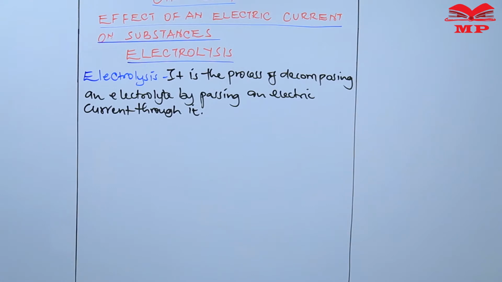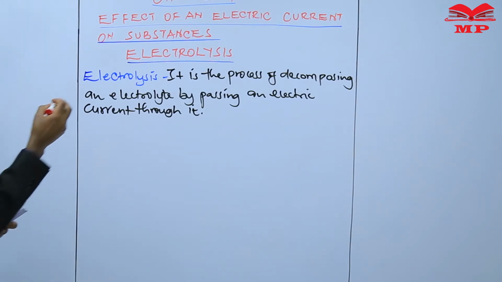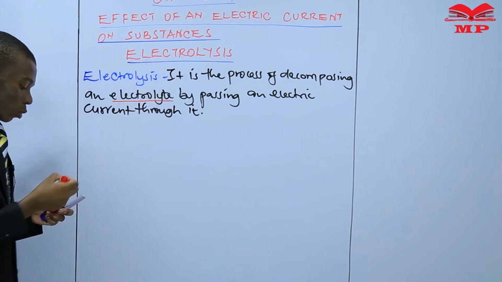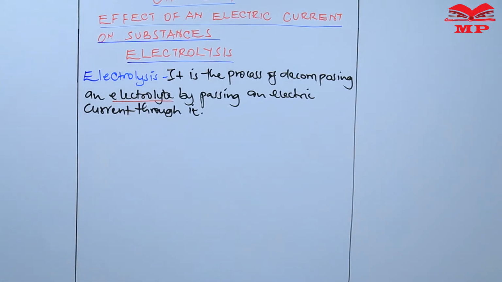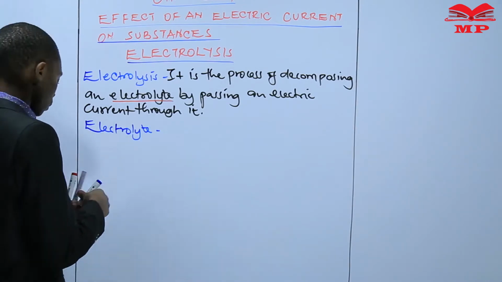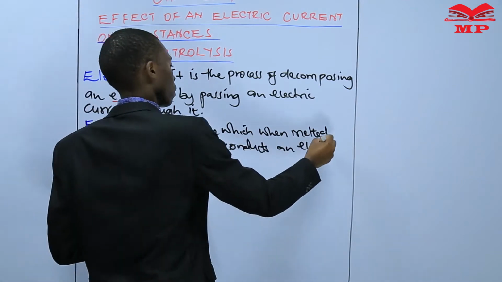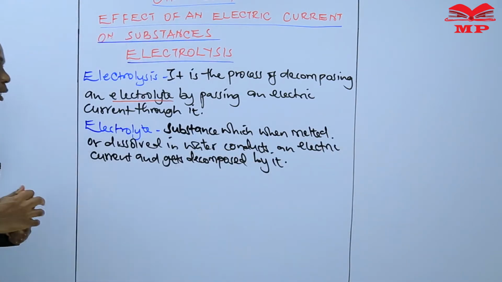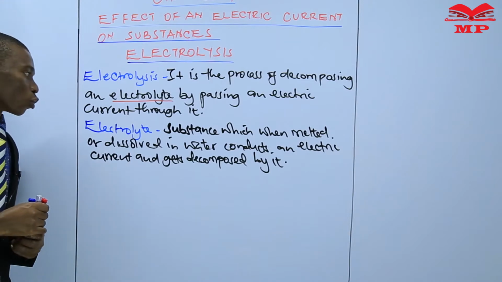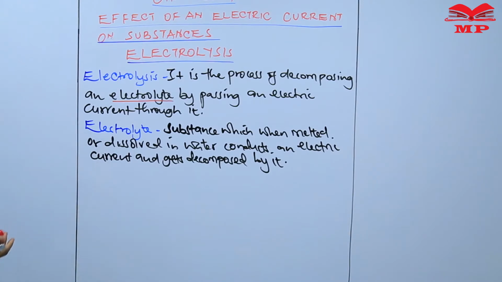That definition gives us another term to define, which is the electrolyte. An electrolyte is a substance which, when melted or dissolved in water, conducts an electric current and gets decomposed by it.